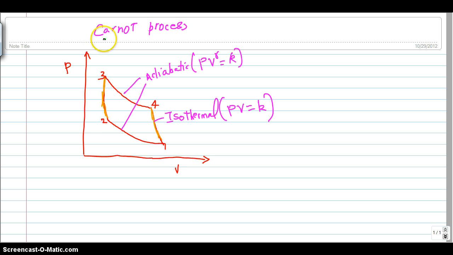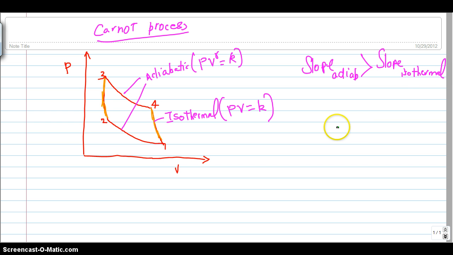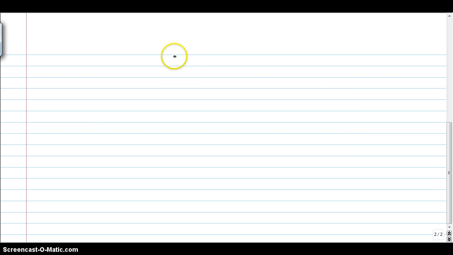One of the most basic things you would notice with the Carnot process is the slope of the adiabatic and isothermal curves: the slope of the adiabatic is greater than the slope of the isothermal curve. Let me explain why that is so.